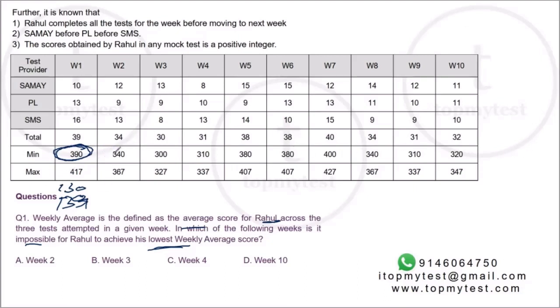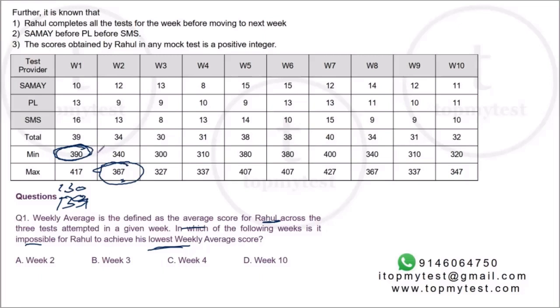Similarly, if your total is higher, your average is also going to be higher because everything is going to be divided by 3. Now, if you take this, can week 1 ever be lesser than week 2? It's not going to be possible, right? Because the highest possible in week 2 is 367. The highest value of week 2 is lower than the lowest possible of week 1. So irrespective of what the actual scores are, week 1 will always be bigger than week 2.